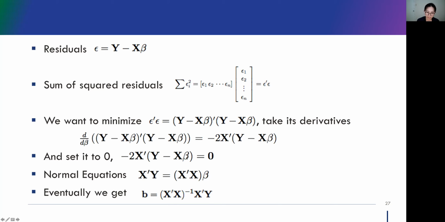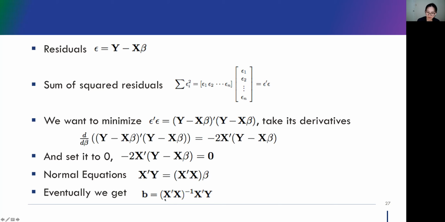to estimate the beta. Eventually, we get the normal equations in matrix format. Then it's straightforward to get the estimate of beta, b, equal to the inverse of X prime X times X prime y.